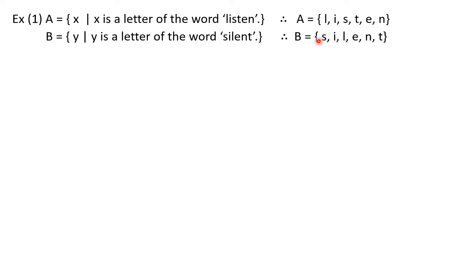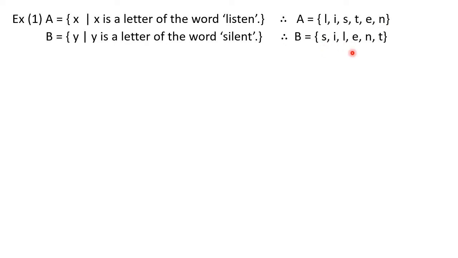Even though the sequence of writing the elements is not the same, still we can say that every element of A is there in B. See, L is there in both places, I is there, S is there, T is there, E is there and N is there. That means you can see that here all the elements are the same.